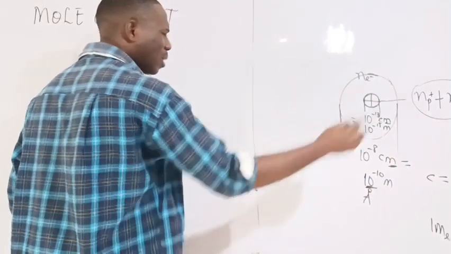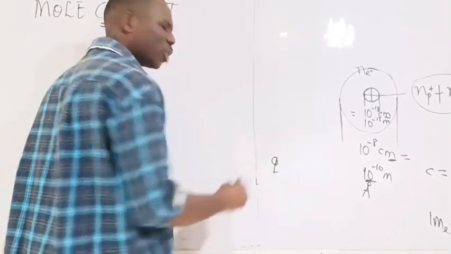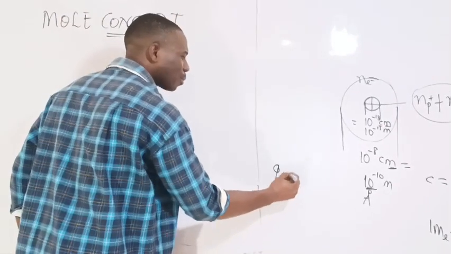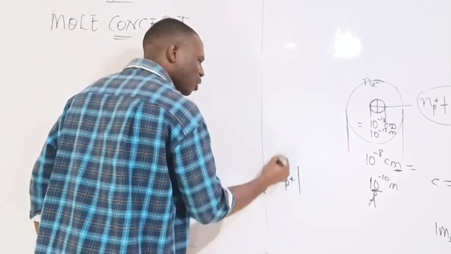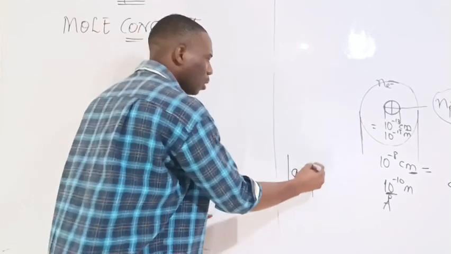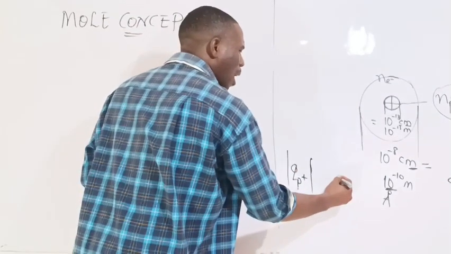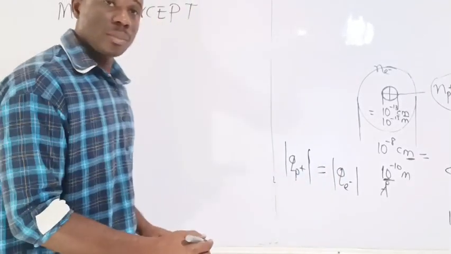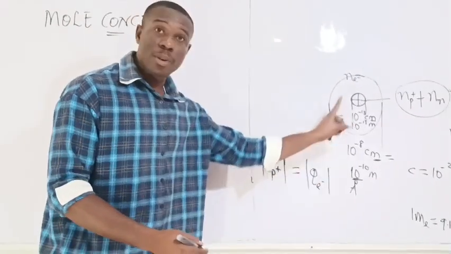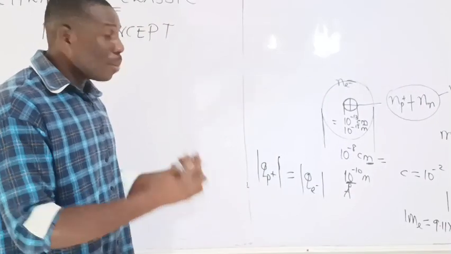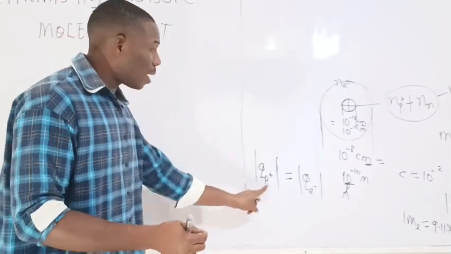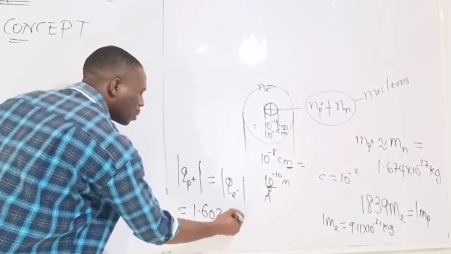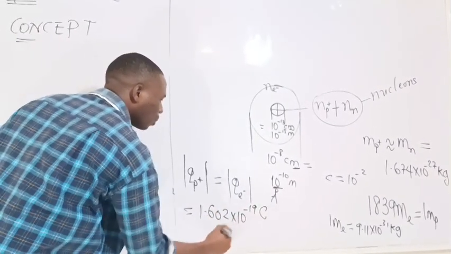So let me just say this. Let me denote charge with the symbol little q. So the charge of a proton, its magnitude, and the charge of an electron, if you take its magnitude, they are the same. Protons do have a plus sign, electrons do have a minus sign, but if you take the numerical value of their charges, the magnitudes, you get exactly 1.602 times 10 raised to the power minus 19 coulomb.